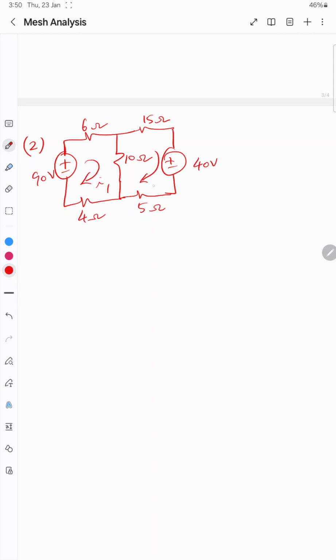They are given the mesh currents as I1 and I2. Find mesh currents I1 and I2. Okay, so how many meshes? 2 meshes. So 2 mesh currents I1 and I2.